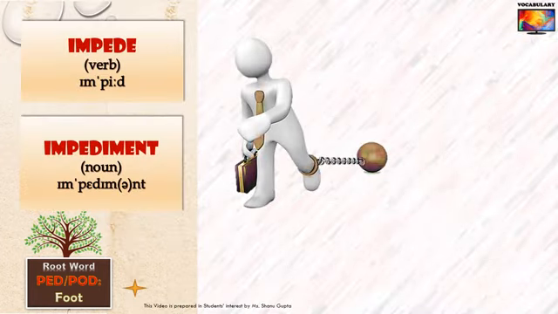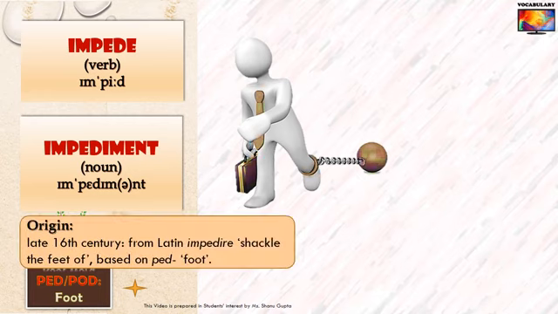Again, two more very important words derived from the root are impede and impediment. Since the prefix im means in and ped means foot, an impediment is literally the condition of having one's foot in something, like perhaps shackles, which will obviously obstruct you and slow you down.